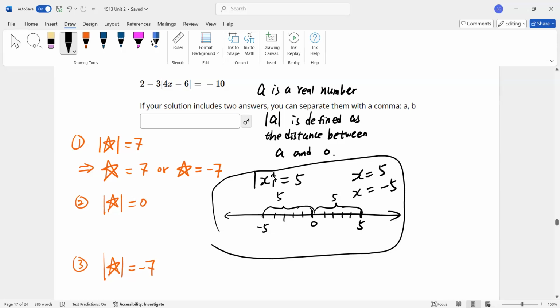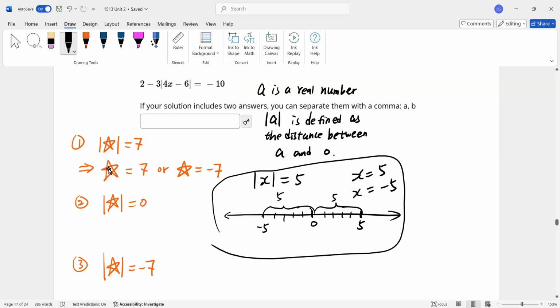So if you understand the part in the bubble that I just showed you, now let's go back to number 1. If we have absolute value of star equals 7, you might wonder, what is a star? Again, star is an expression in x. It could be just x, or more complicated, like 2x plus 5 or x minus 7 all over 5.